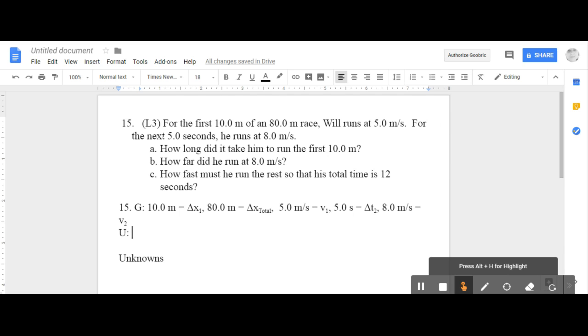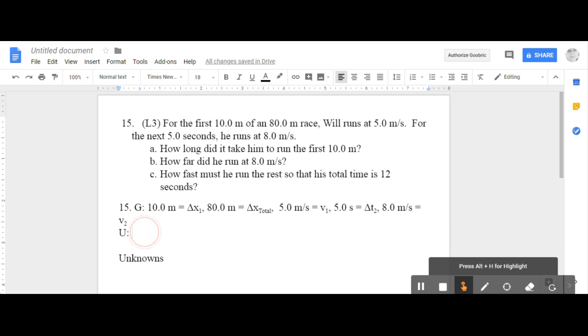For the next 5.0 seconds, he runs at 8 meters per second. How long did it take him to run the first 10.0 meters? So this question, how long did it take him, tells me that time is my unknown in this case.